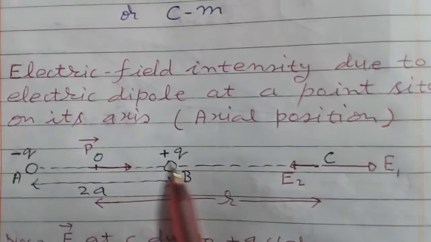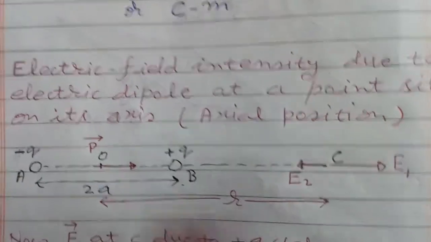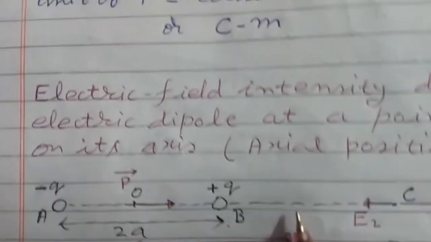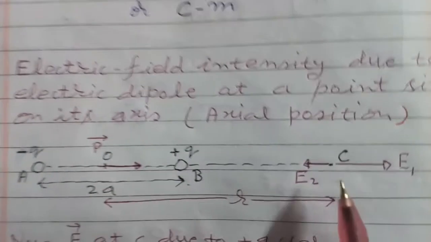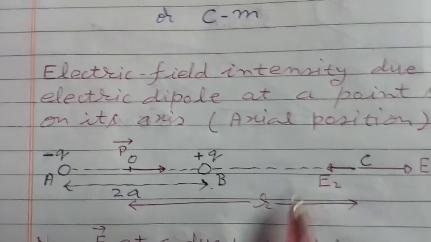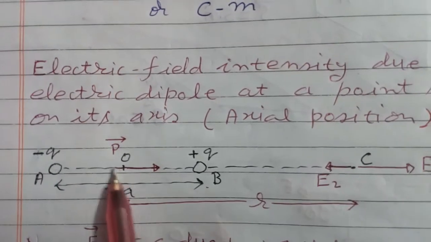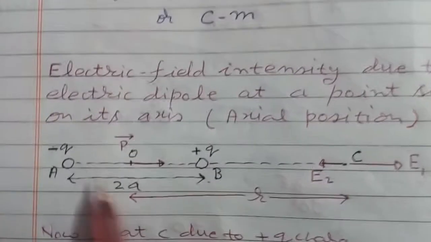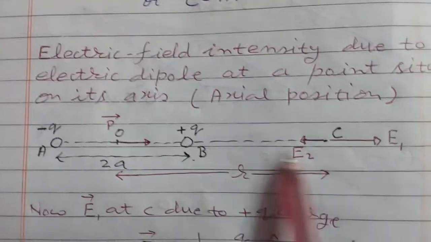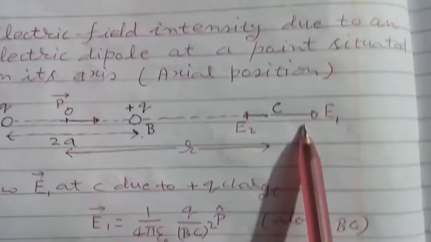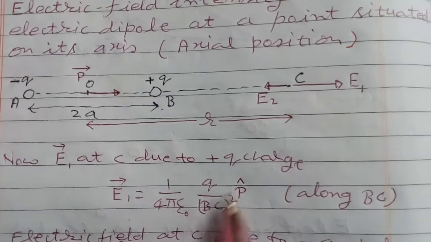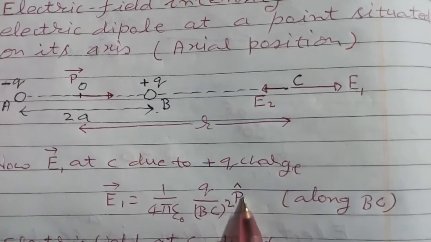Now BC is equal to r minus a, and AC is equal to r plus a. Now electric field intensity due to plus q charge at point C, E1 is equal to 1 upon 4 pi epsilon naught into q upon BC square into unit vector p.